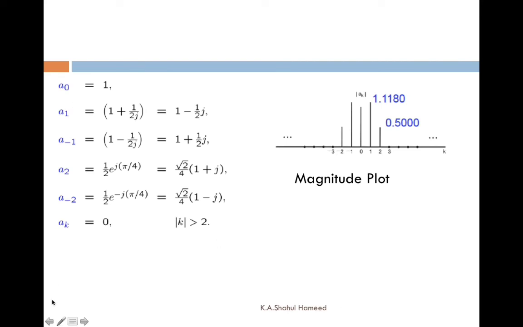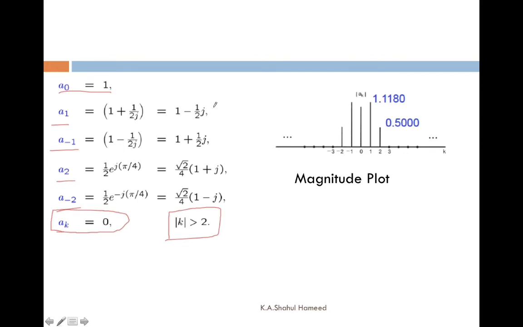So I have separately written all these coefficients, that is a naught is equal to 1, a1, a minus 1, a2, a minus 2. a suffix k is equal to 0, that is, it has coefficient value only for 0, 1, minus 1, 2, minus 2, and all other coefficients are equal to 0. That can be represented like ak is equal to 0 when magnitude of k is greater than 2.